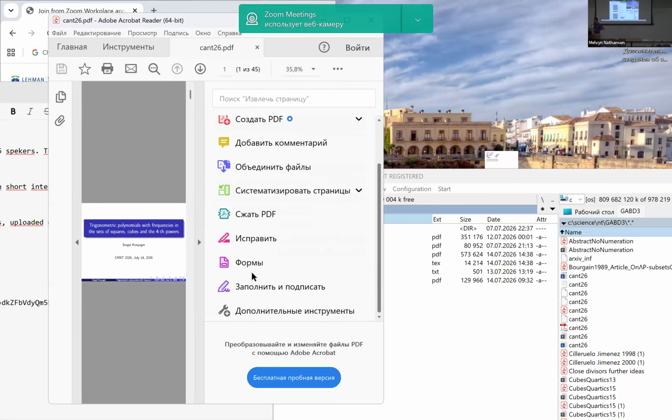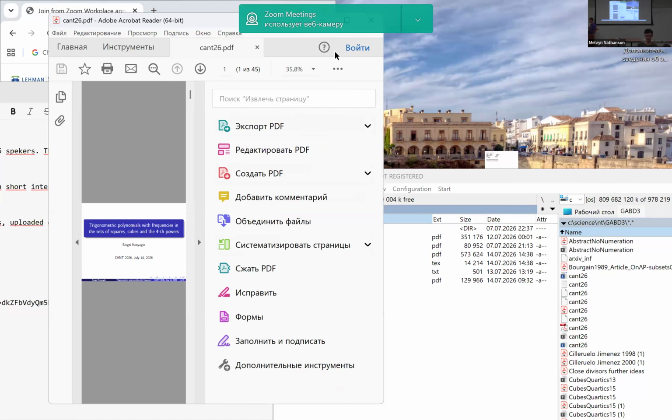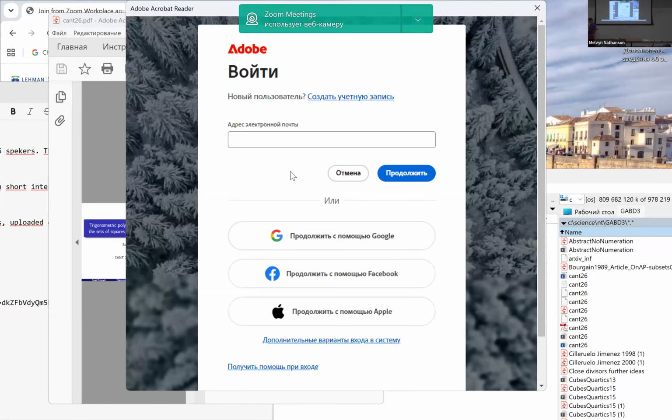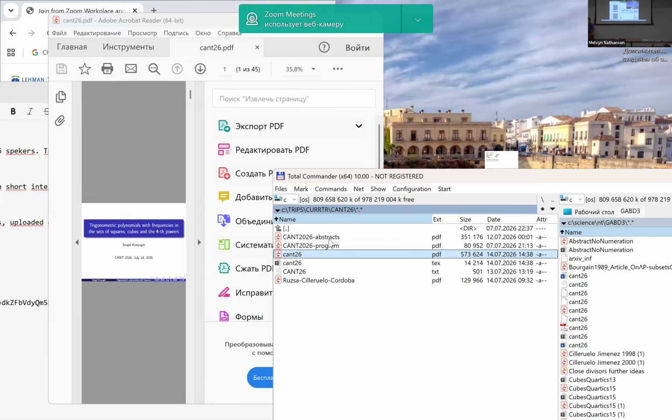If you hit Control L, that should make it full screen.